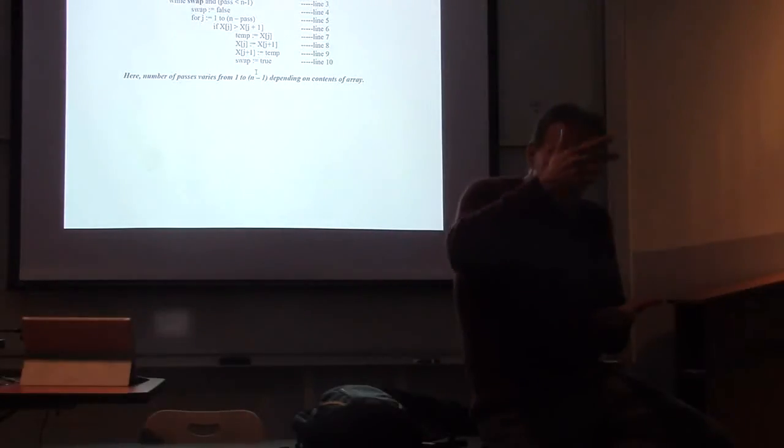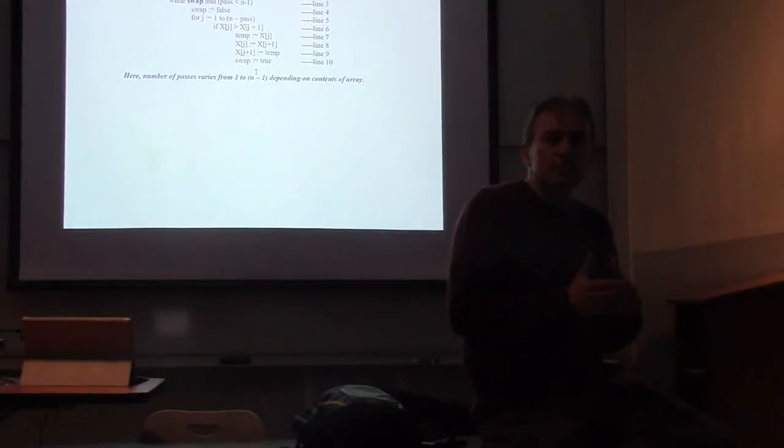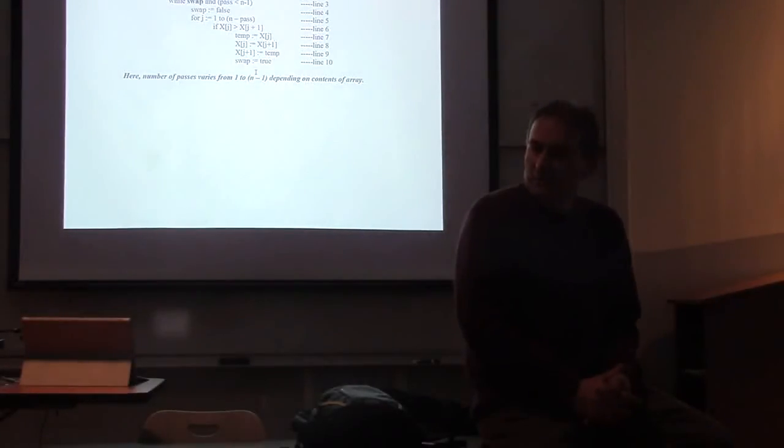But on the second pass, we don't do any swaps. We're done. So the question is, how many different orders require no swaps? And the answer is, in order to get no swaps, the elements have to be in order. So that means there's only one way for the elements to be ordered in order to require the best case.